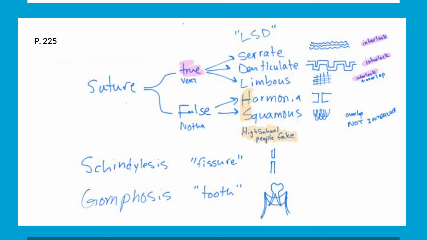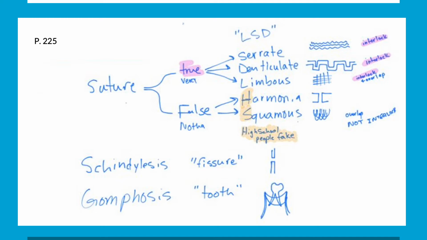So here's just some rough hand drawings of the different types, which I think makes it quite helpful. There's a pretty good mnemonic for this stuff too. So you want to know the difference between your true and your false sutures. The mnemonic goes a little something like this. To go on a true trip, you take LSD.